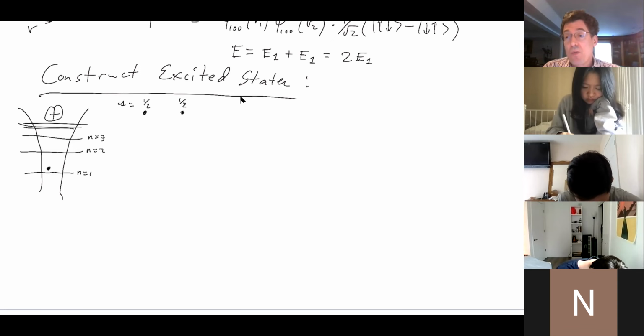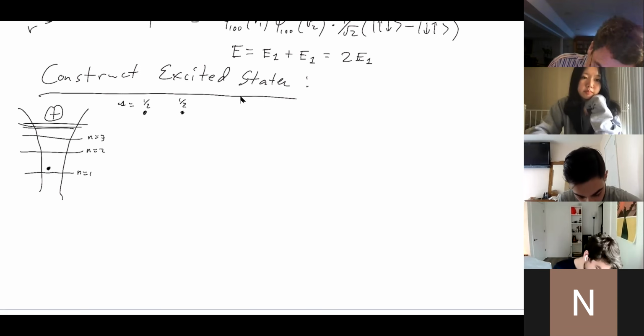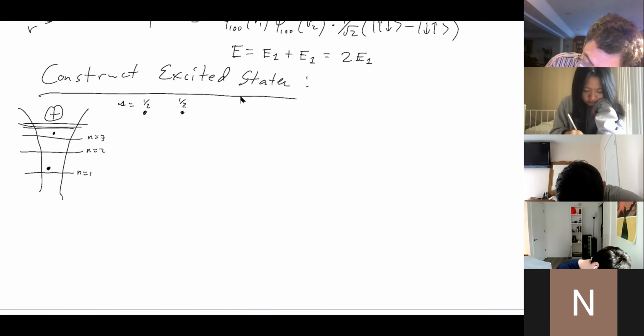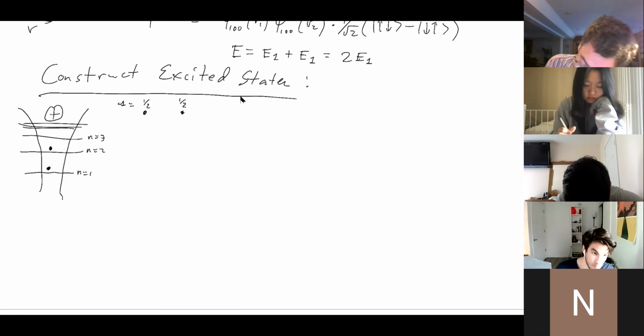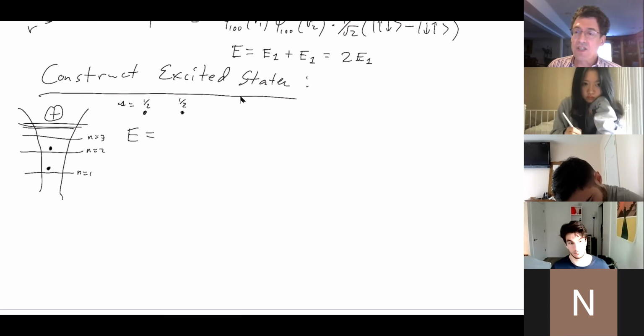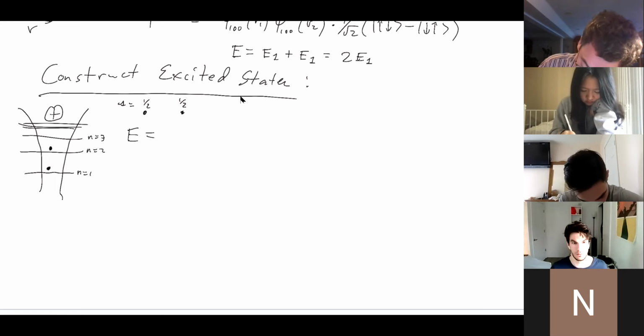Where am I going to put the other one? N equals 2. Exactly. I can put it anywhere above. I could have put it there, or there, just anywhere above. But let's put it there. And so for this excited state, what's the energy? E1 plus E2? That's exactly right.